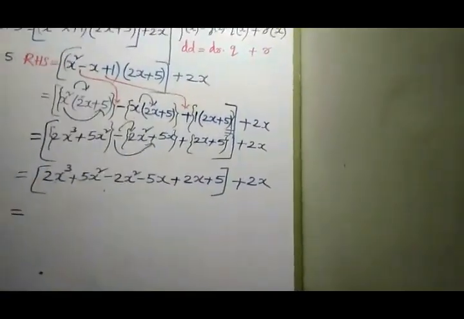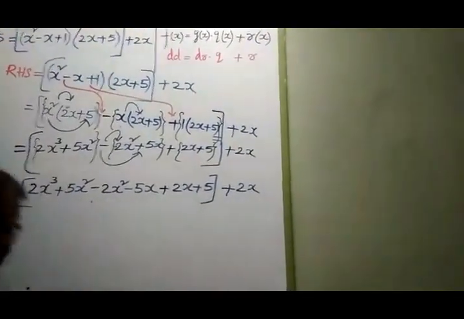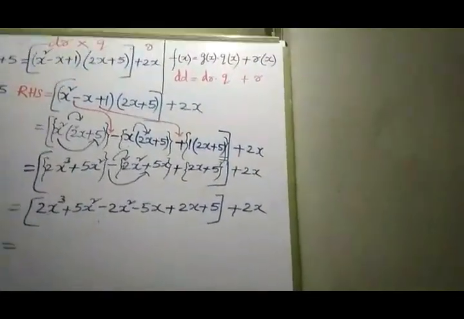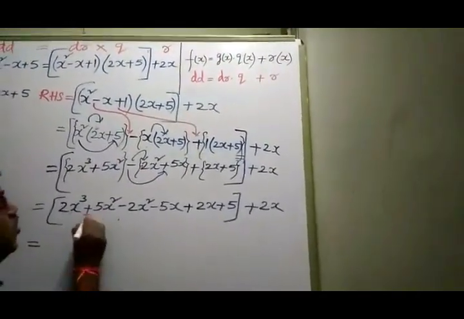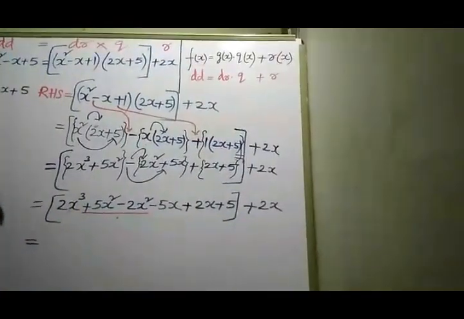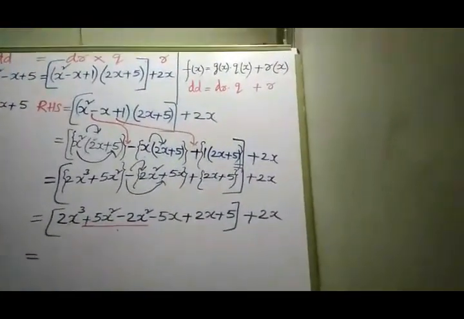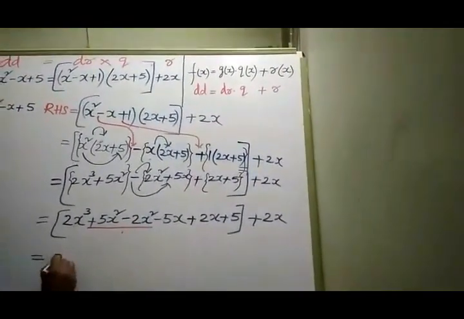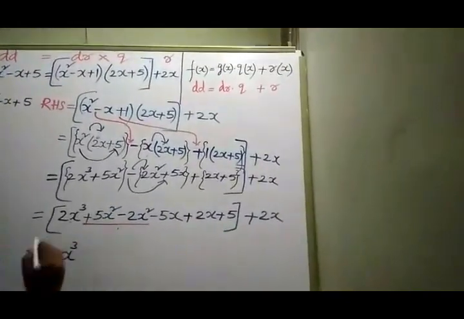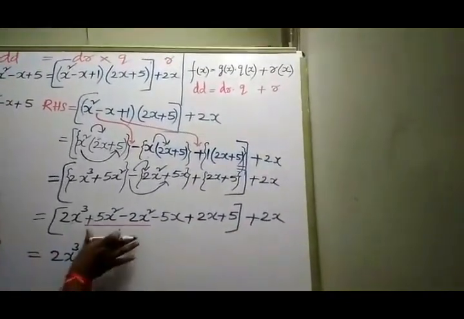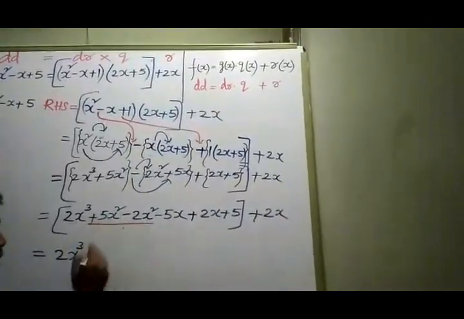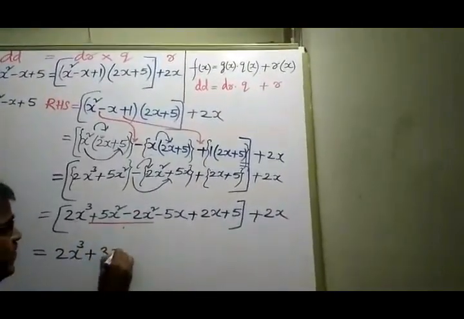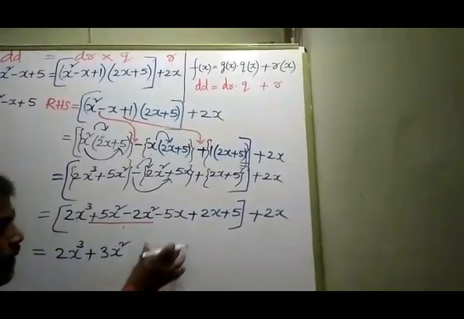Now simplify in the square brackets. What is the polynomial in the square bracket? Find out whether any like terms are there. These two are like. First 2x cube, only a single term. Plus 5x square minus 2x square is 5 minus 2, plus 3x square.